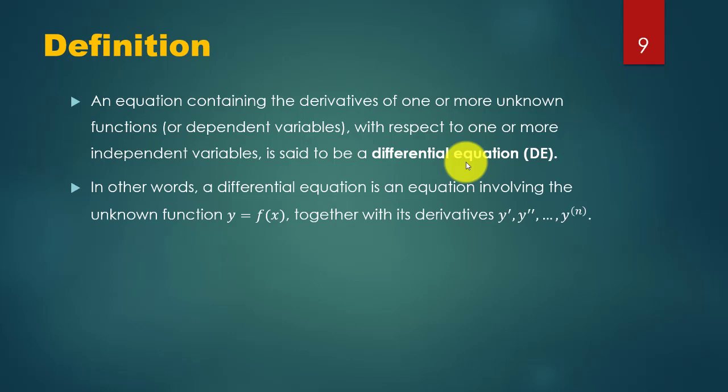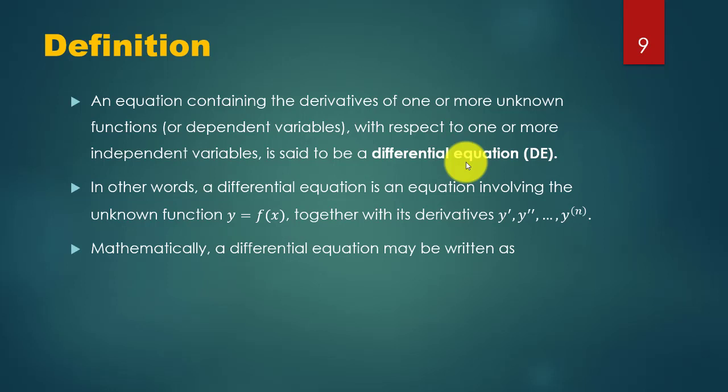In other words, a differential equation is an equation involving the unknown function y equals f of x together with its derivatives, either y prime prime, or y to the power n. But take note, the n in the bracket is the order of the derivative. It is not the degree, but rather the order of the derivative.